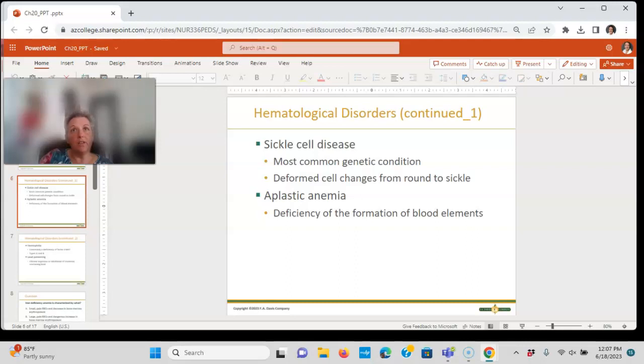Hydroxyurea is cytotoxic. For moderate to severe crisis, they might use it. The PT, self-talk, humor, using cognitive behavioral approaches. Splenectomy, potentially life-saving. A stem cell transplant might be an option.